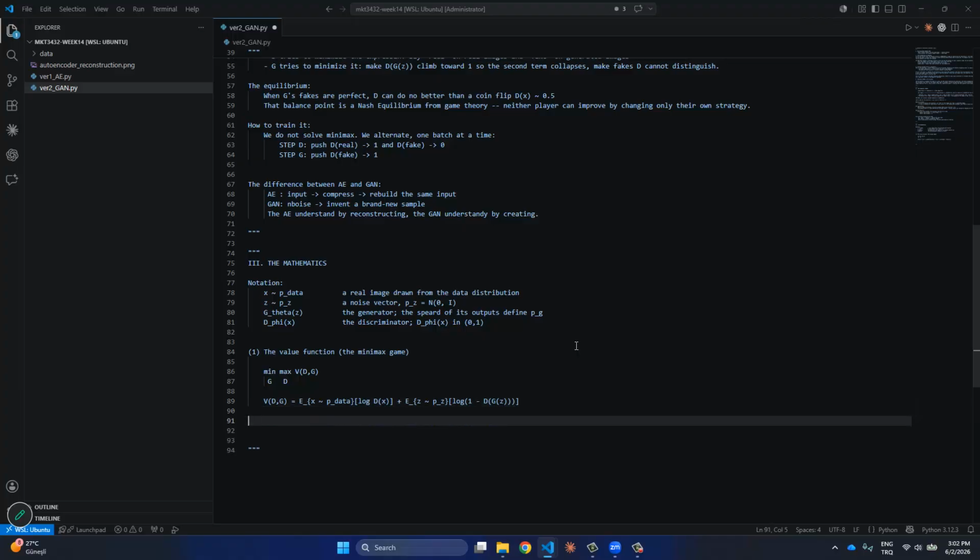So we need to define also the binary cross entropy function, in the per-sample form that we actually code in here.